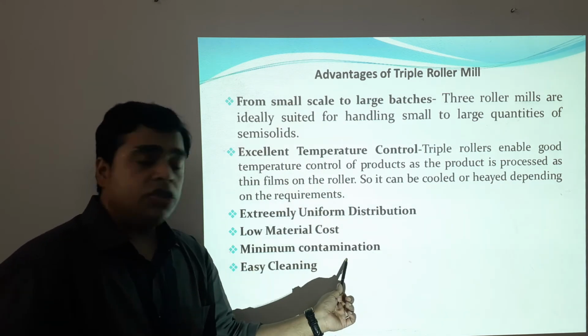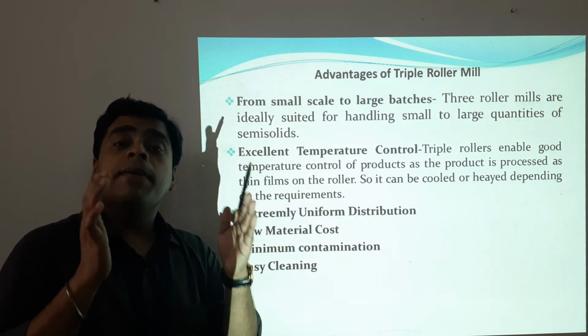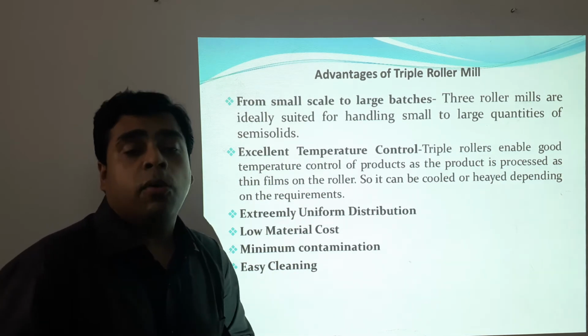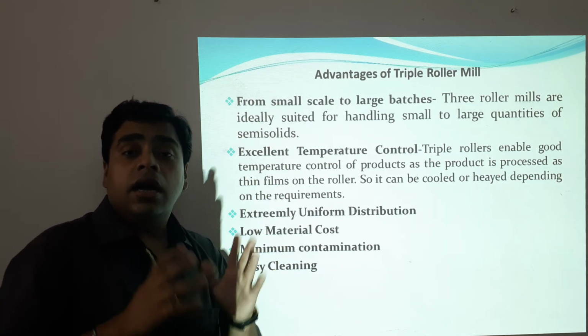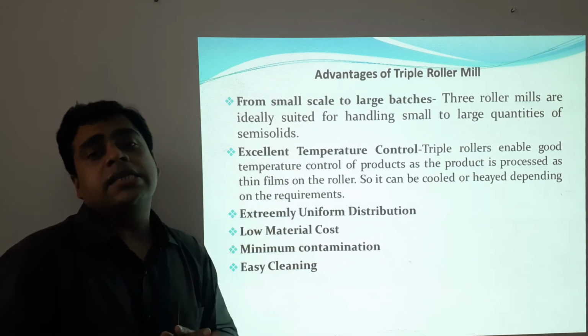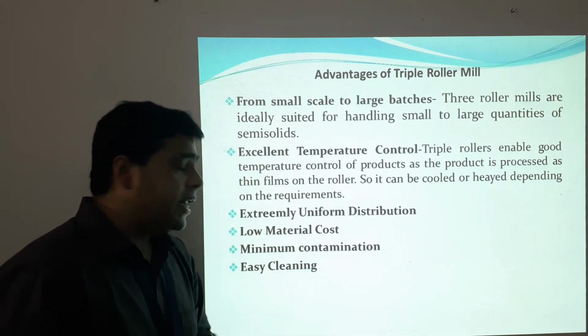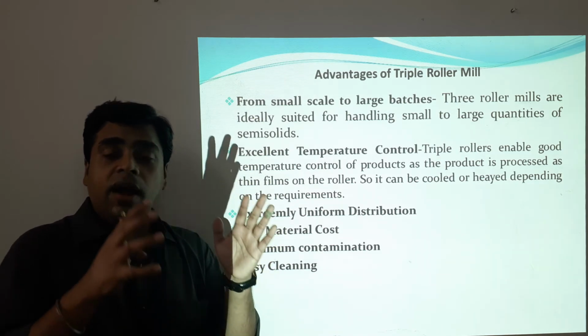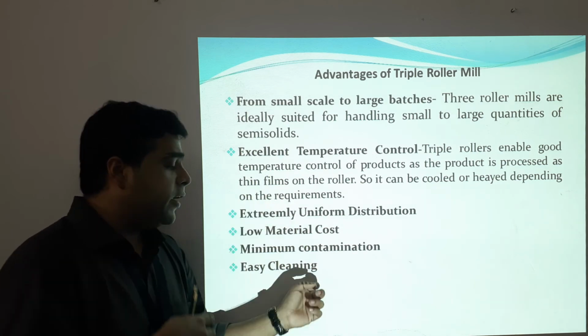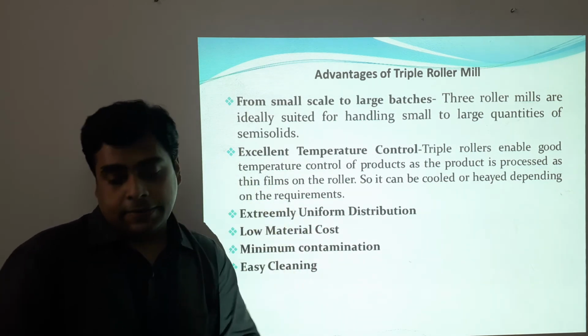Plus the rollers are made of stainless steel, which is rust proof, so the chances of contamination are quite minimal, as well as easy cleaning. When we have to stop the batches, we stop all the operations, and we can clean it quite easily.